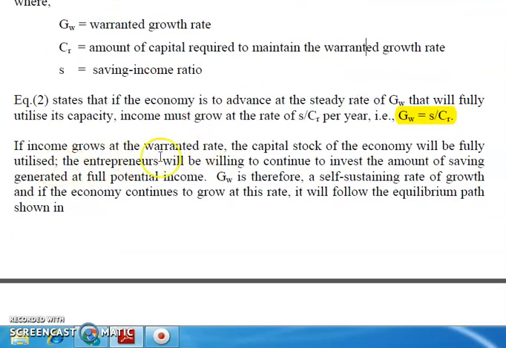If income grows at the warranted rate, the capital stock of the economy will be fully utilized. The entrepreneurs will be willing to continue to invest the amount of saving generated at full potential income.